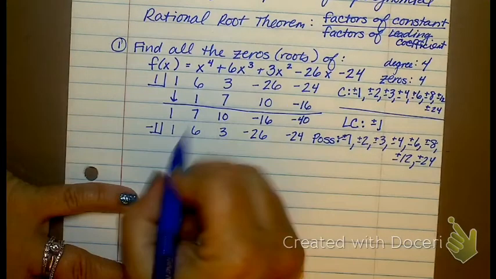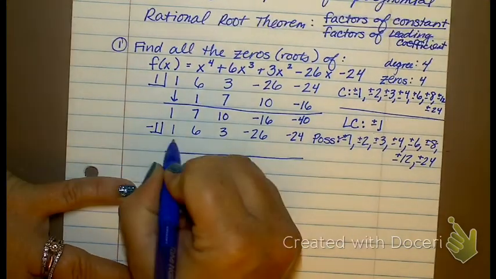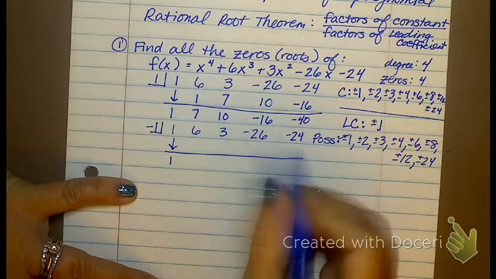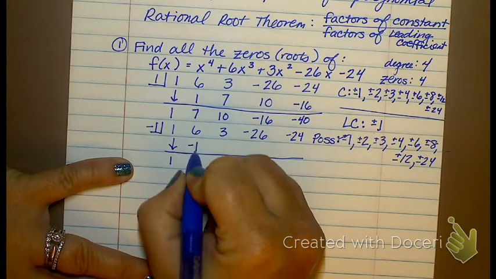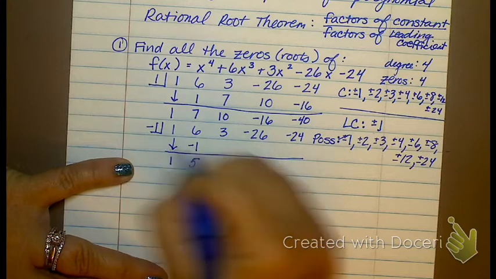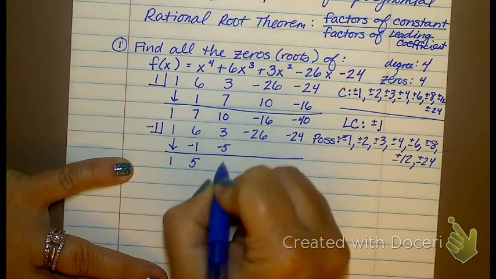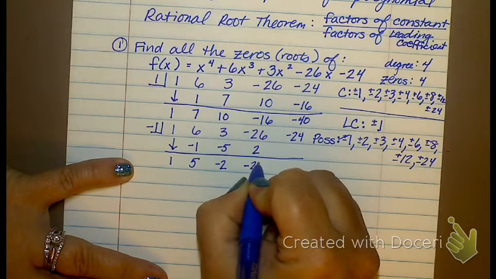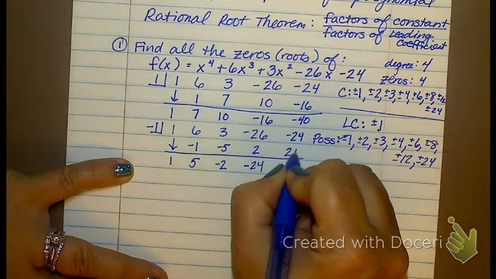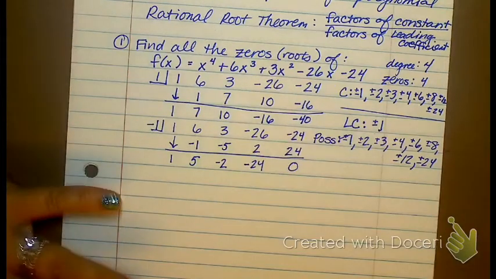All right, let's see if negative 1 gets us anywhere. Bring down the 1. Negative 1 times 1 is negative 1. And then I have 5. Negative 5. Negative 2. 2. Negative 24. Positive 24. 0.